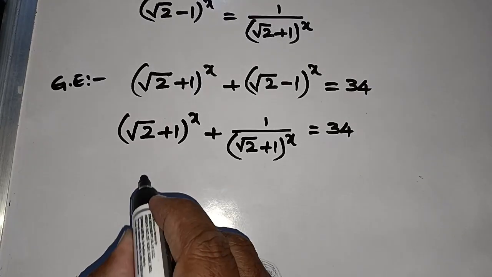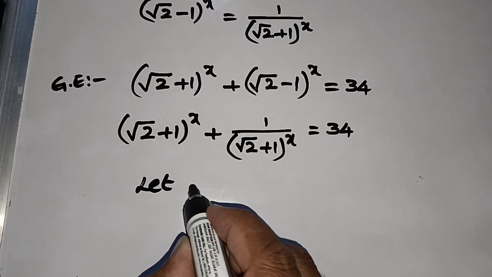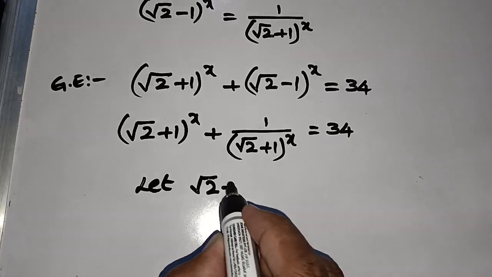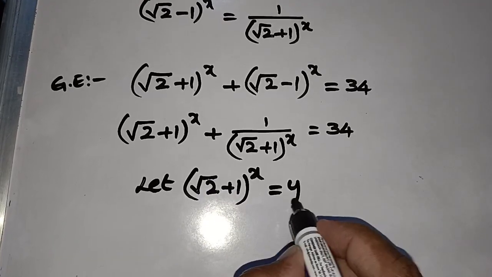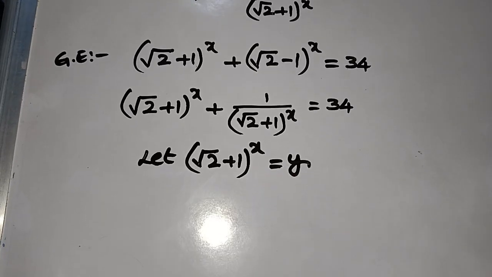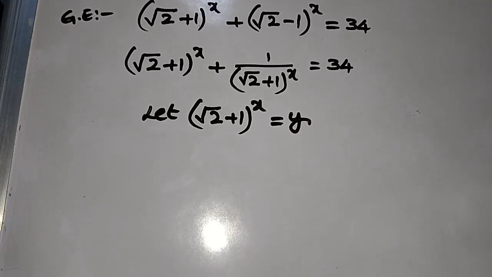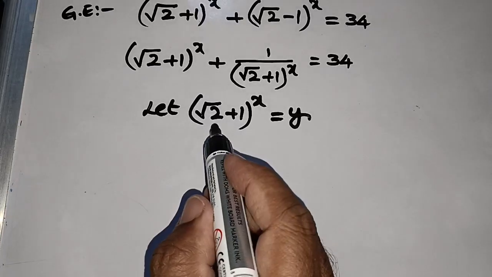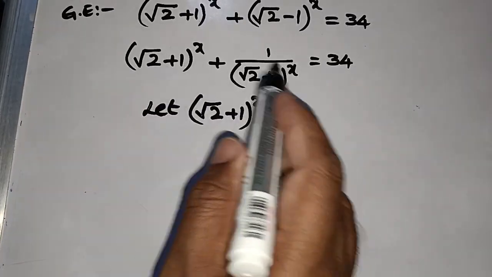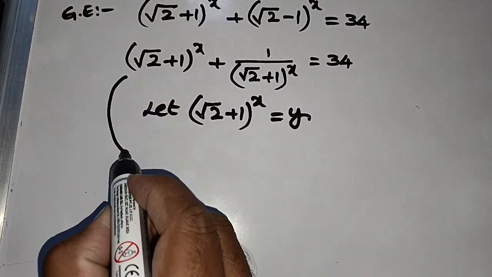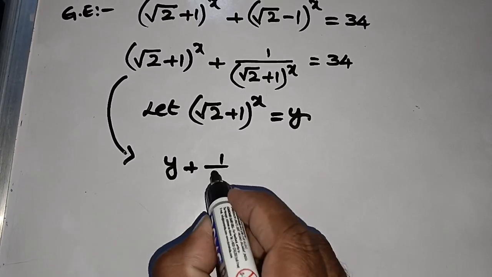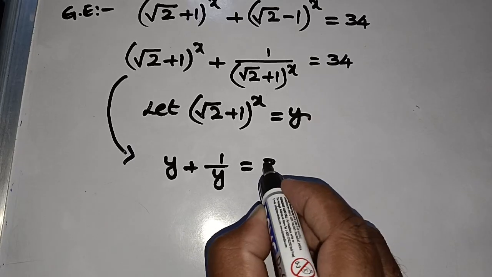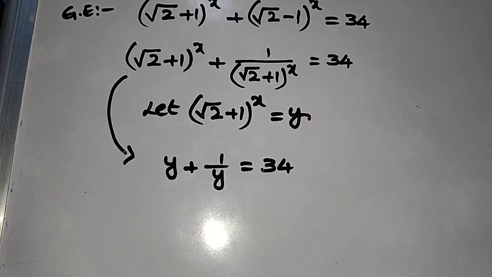Now let (√2 + 1)^x be equal to y. Substituting this in the equation, it becomes y plus 1 by y is equal to 34.